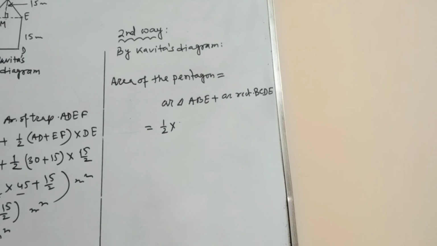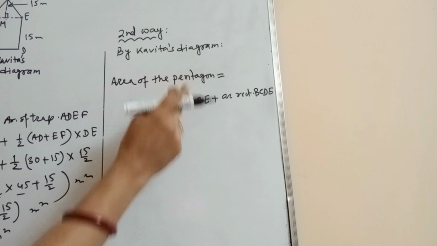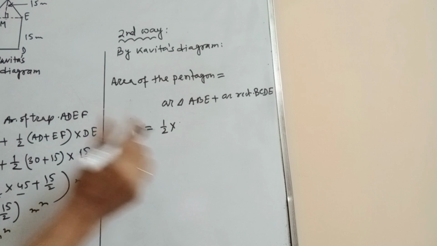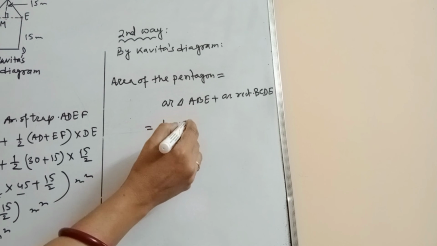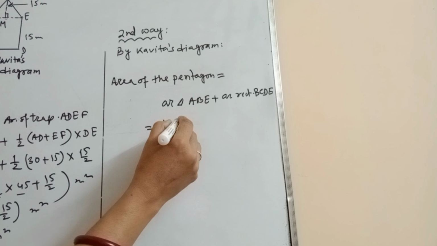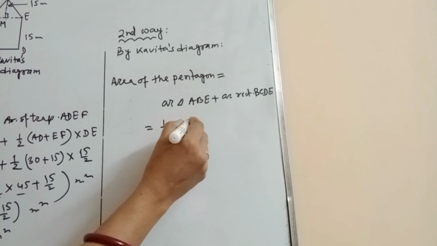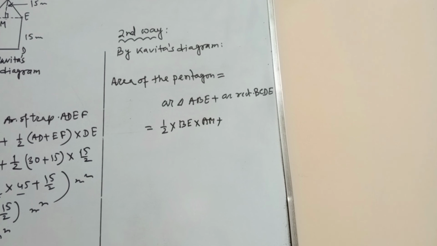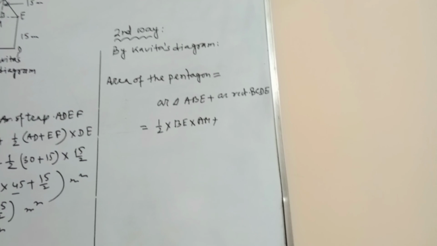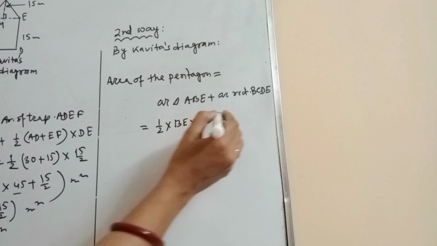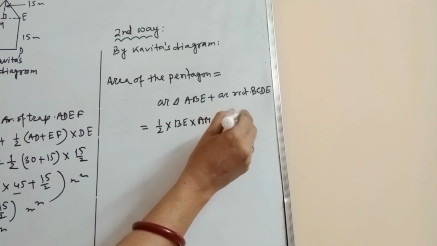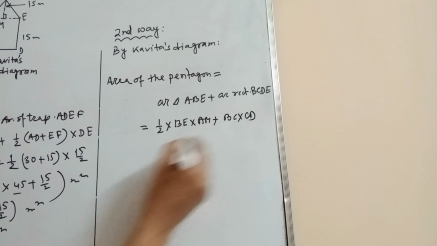Now the area of the pentagon is area of triangle ABE plus area of rectangle BCDE. Area of triangle ABE is half into base BE into height AM, plus area of rectangle, length BC into breadth CD.